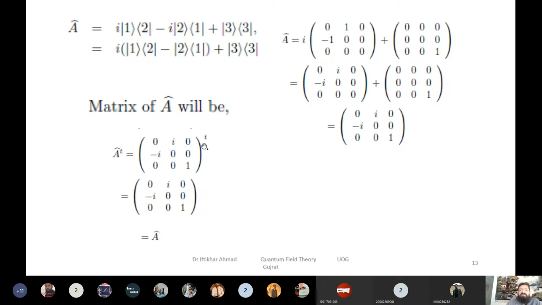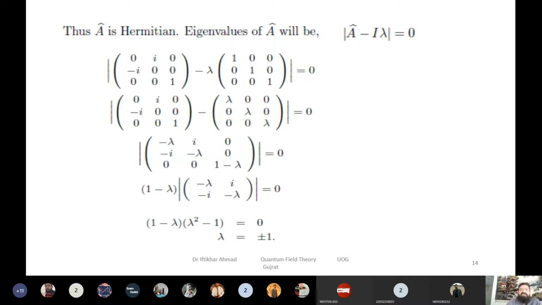What is the transpose of this expression? You get the same expression a. So you say that a transpose equals a, then a is a Hermitian operator. When you take the complex conjugate, you can get a different expression. So when you first take the complex conjugate and then take the transpose, you say that a dagger. I already explained in our previous lectures what the meaning of dagger is.